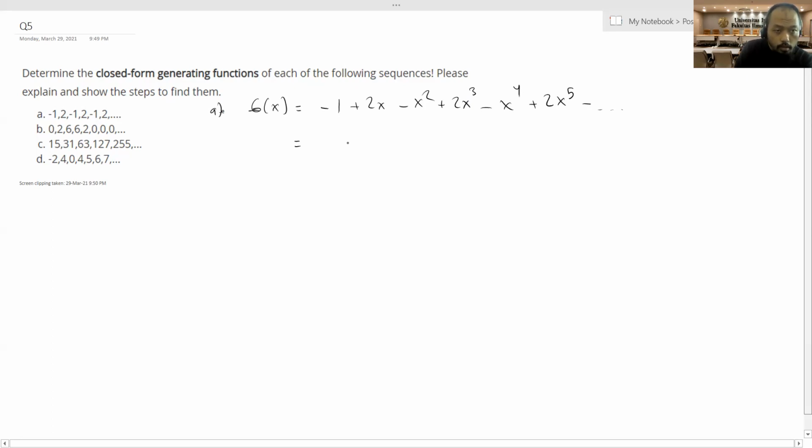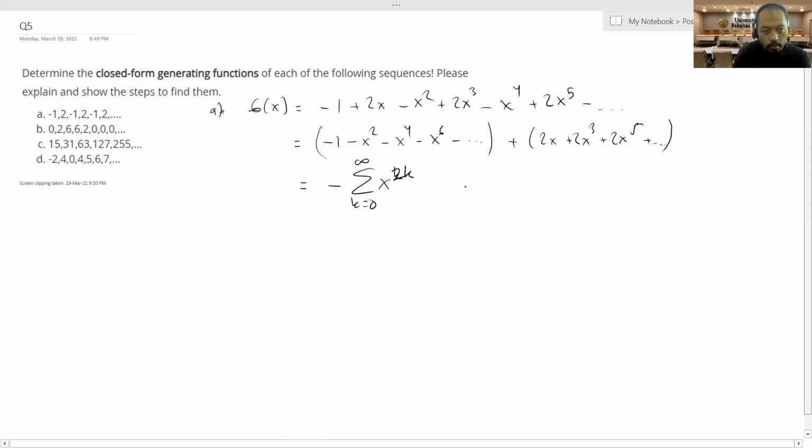The left part is actually minus the sum of x to the power of 2k, where k is from 0 to infinity.